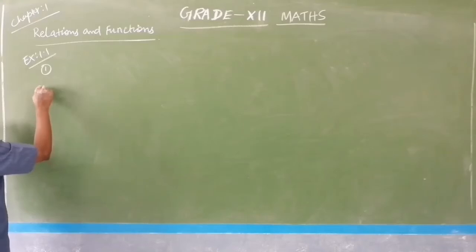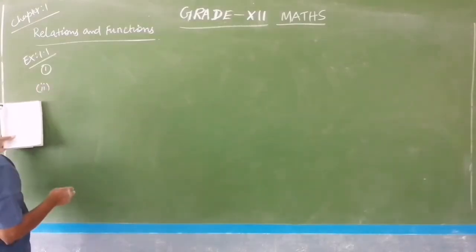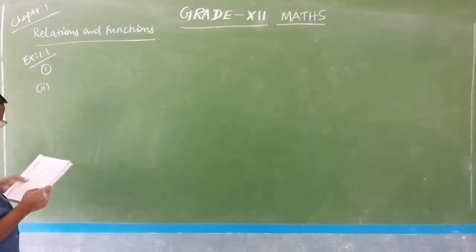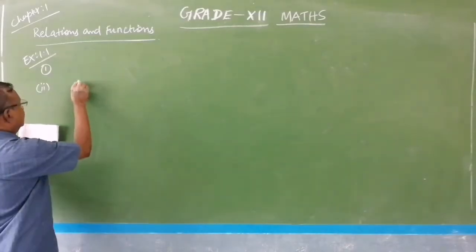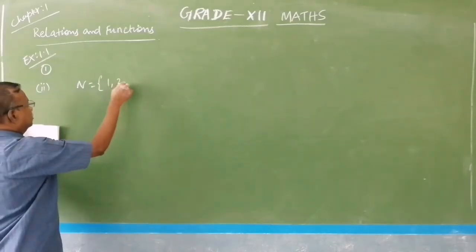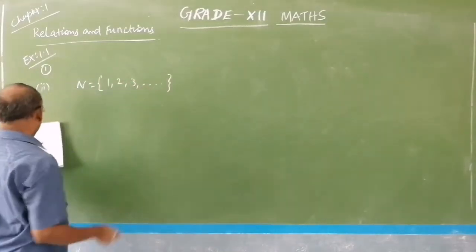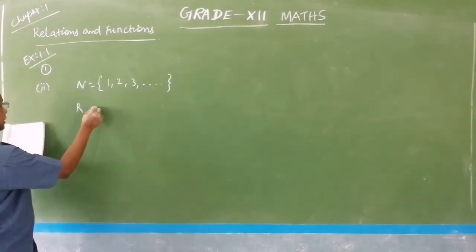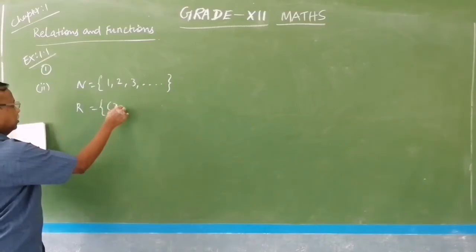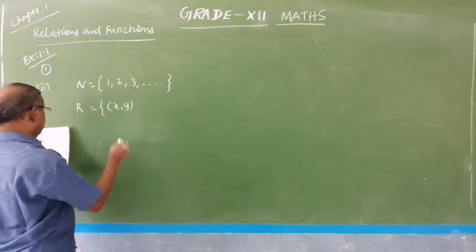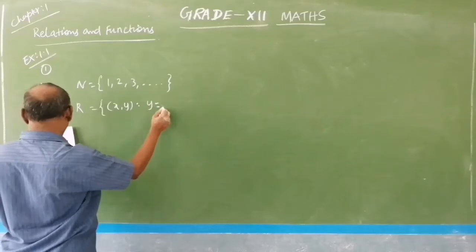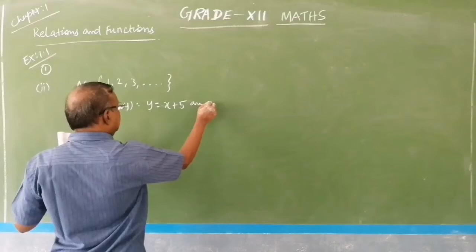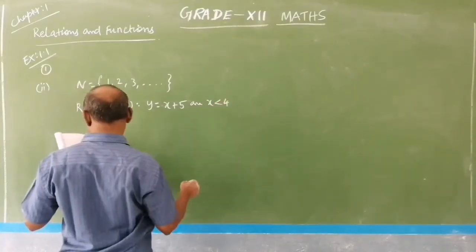The first question, second subdivision. The relation R in the set N of natural numbers is defined as follows. Let N equal natural numbers 1, 2, 3, etc., and R is a relation defined as the element x comma y such that y equal to x plus 5 and x is less than 4.